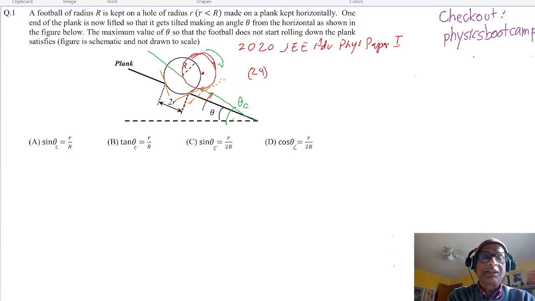Right? So the normal to the tangent will be pointed to the center. That's the normal one. Over here it will go through that center. So let's call this N1. This is N2, while the position, say this is θ1.